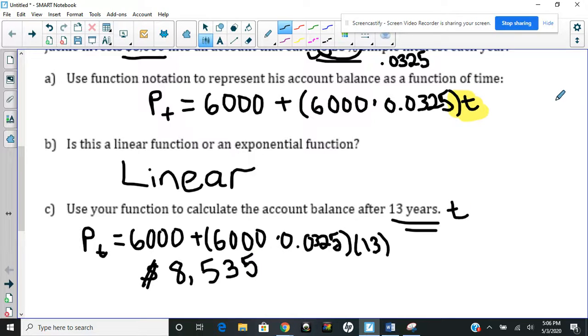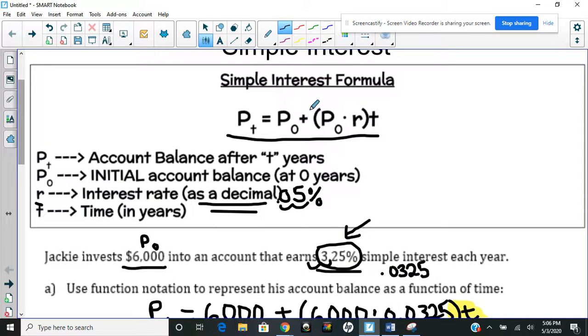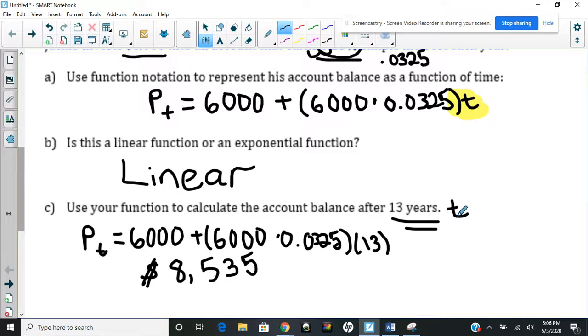And that's it. That's how you do a simple interest. So remember, you are going to first start by writing the formula based off of this right here, identifying the initial amount and identifying the rate. And then you're going to use that formula to plug in the time to get a final answer.